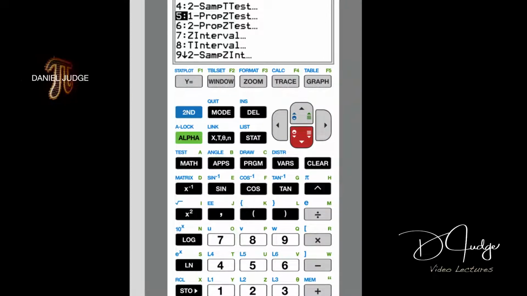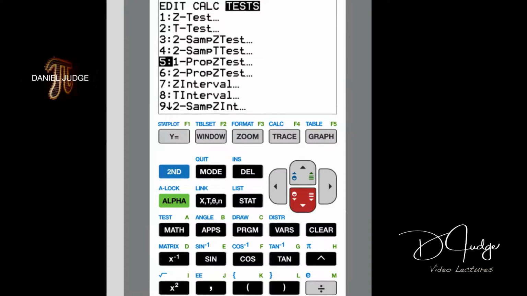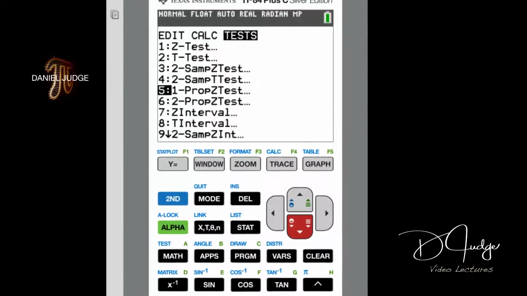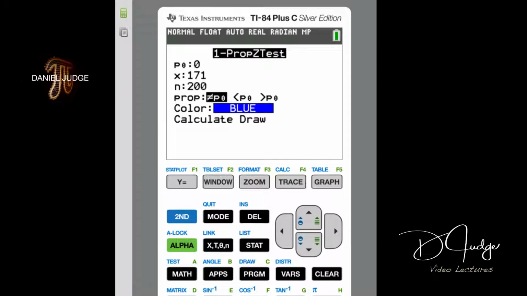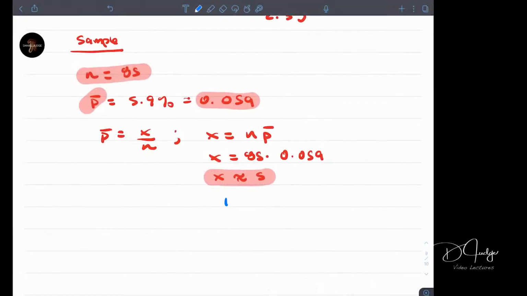So I'm going to try to see if I can get this here for you so you can see. That's kind of interesting to me, just on my end, how to navigate. Okay. 1 proportion z-test. Now, remember, we need that p0. What is p0 again? p0 is the hypothesized proportion.